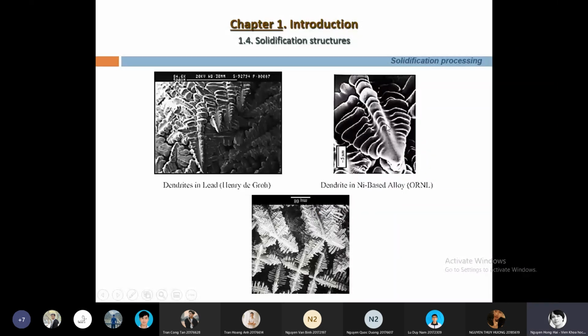You can see it is the columnar dendrite, like this. The dendrite growing on this. Here has the equiaxed dendrite growing in the direction. It's some pictures you can see.